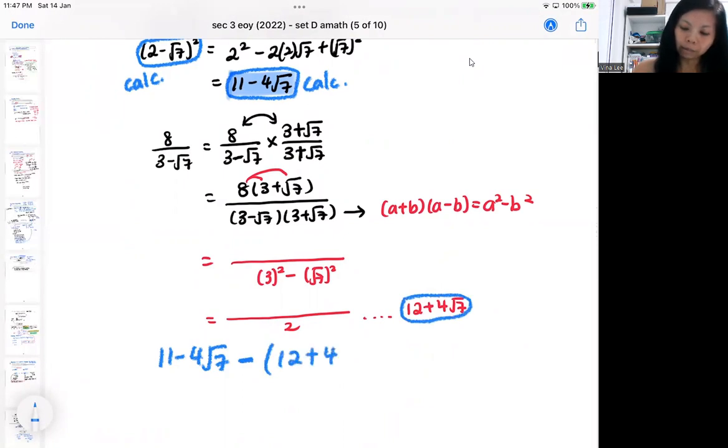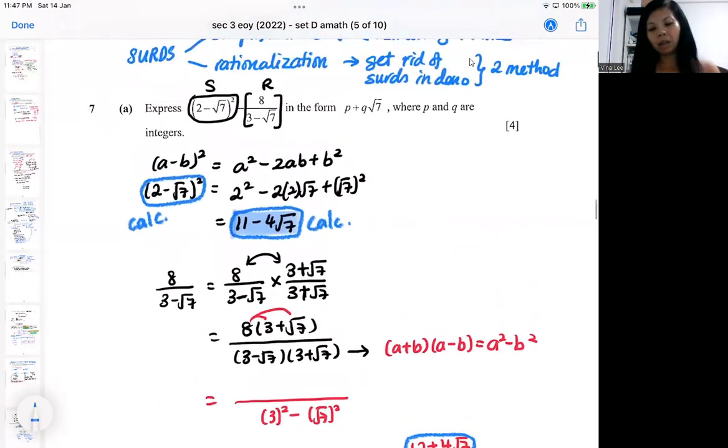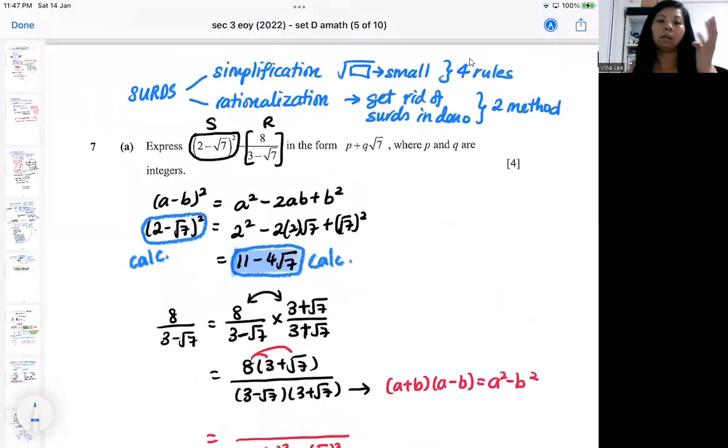Subtract with a bracket, or else your answer will be wrong. So part A simply tests you on simplification and rationalization. You combine them with a subtraction.